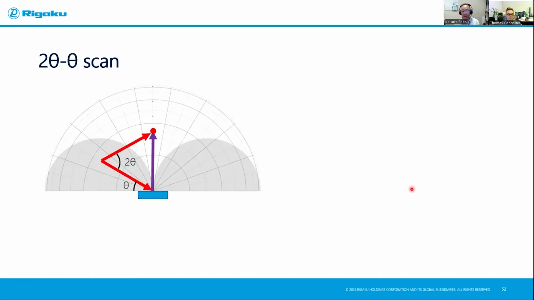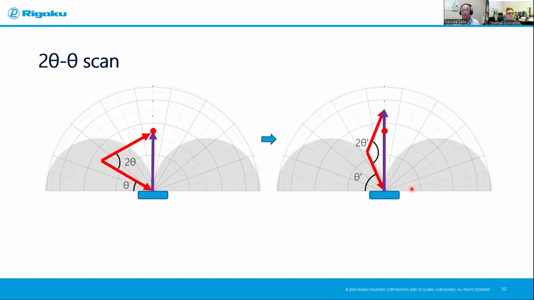Then another scan, like a 2 theta theta scan, right? We change the theta and 2 theta at the speed ratio 1 to 2. Then this purple vector is elongated along the radial direction, perpendicular to the sample surface. This scan is called a radial scan, especially by XRD people like me.